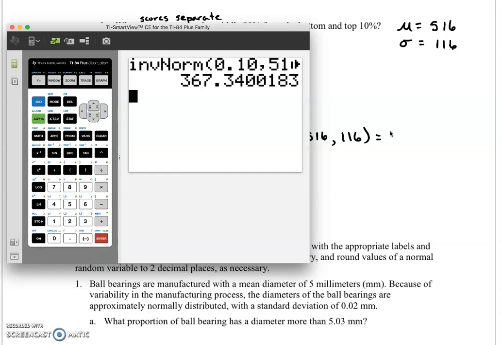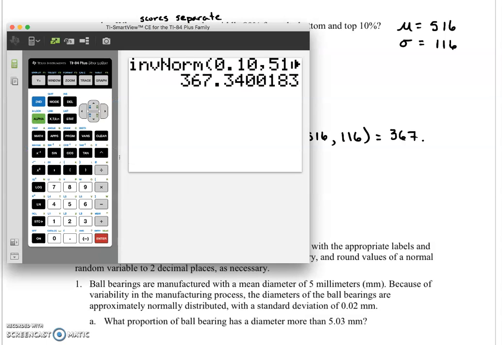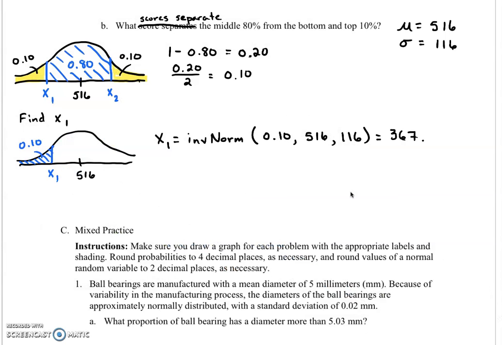So we get 367.34, which we will just make 367 because we said the scores were in whole numbers.